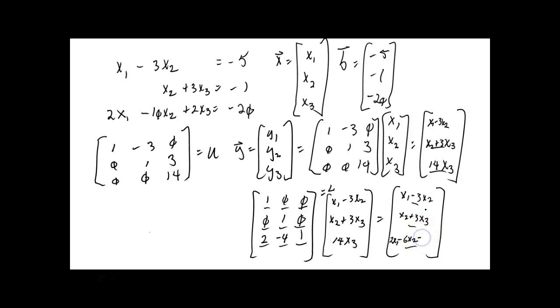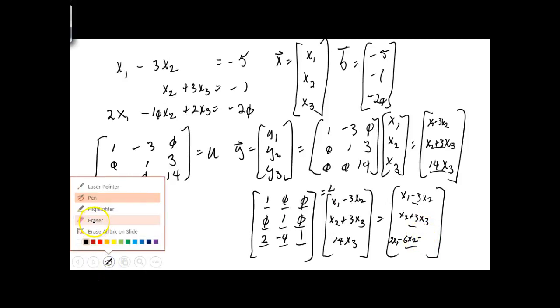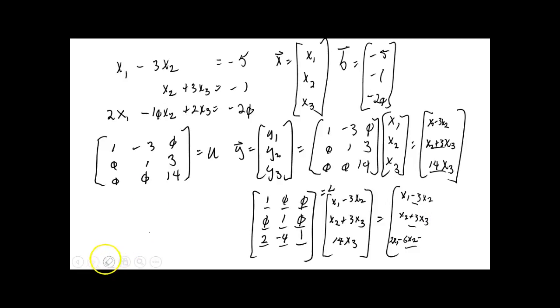I'm going to move my bracket because I know I'll need to. That'll be minus 4 times the second one. That's minus 4x2 and minus 12x3. Okay? That's the second entry here by second entry there.